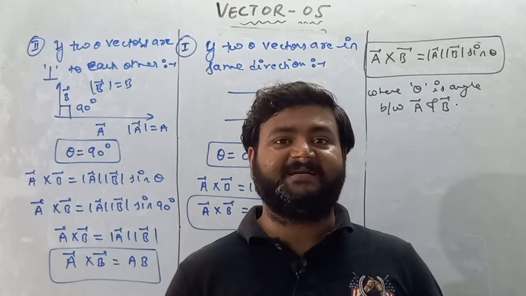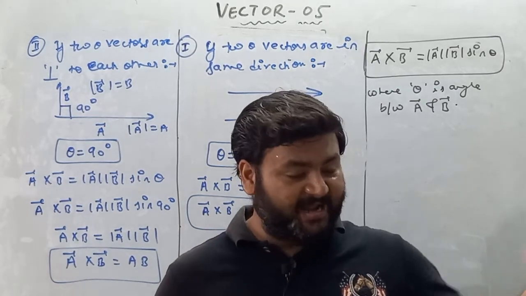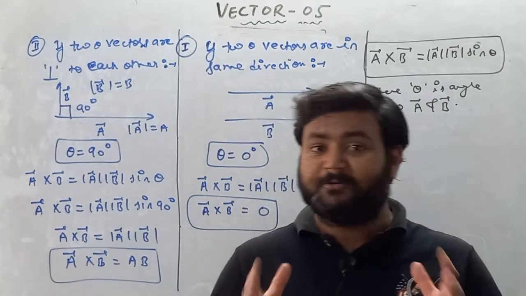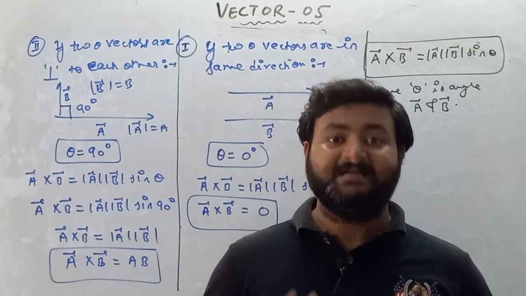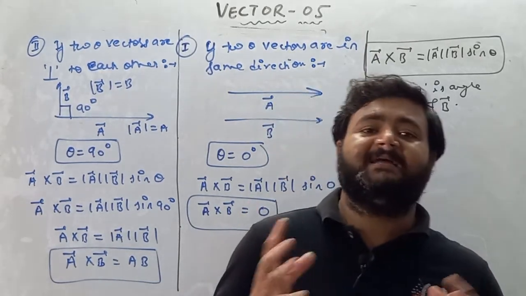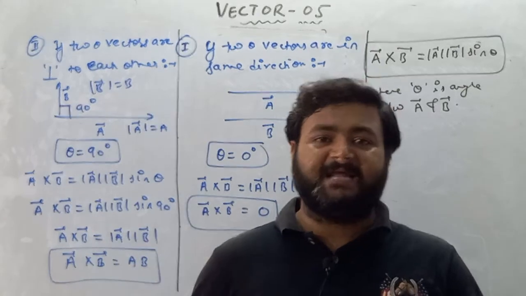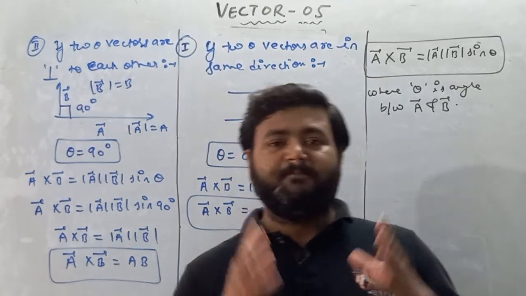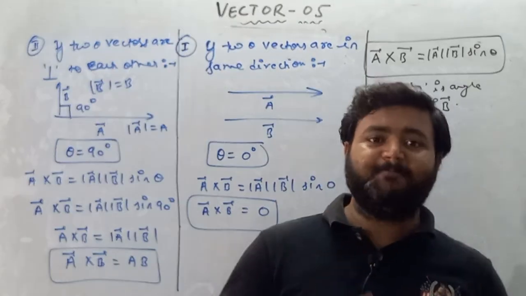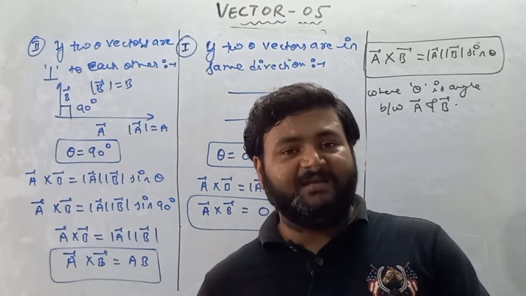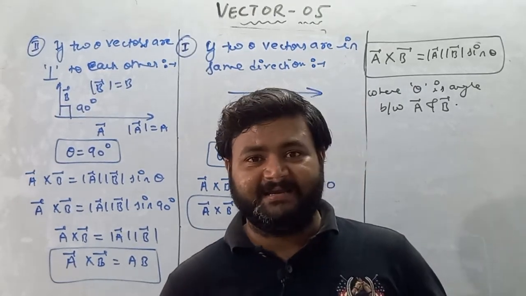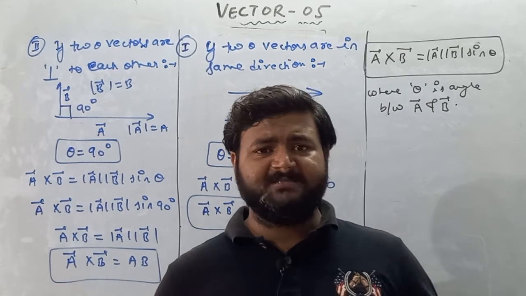This is basic vector. For 5 days we have been discussing only basic vectors, so that you will understand motion in a straight line and projectile motion. Once we complete motion in a straight line and projectile motion, we'll come back to vectors again and discuss some laws.